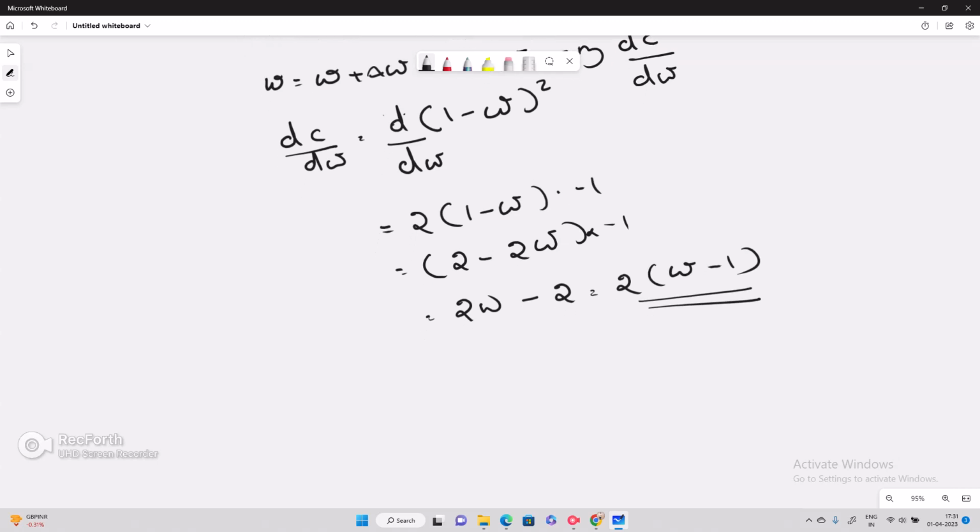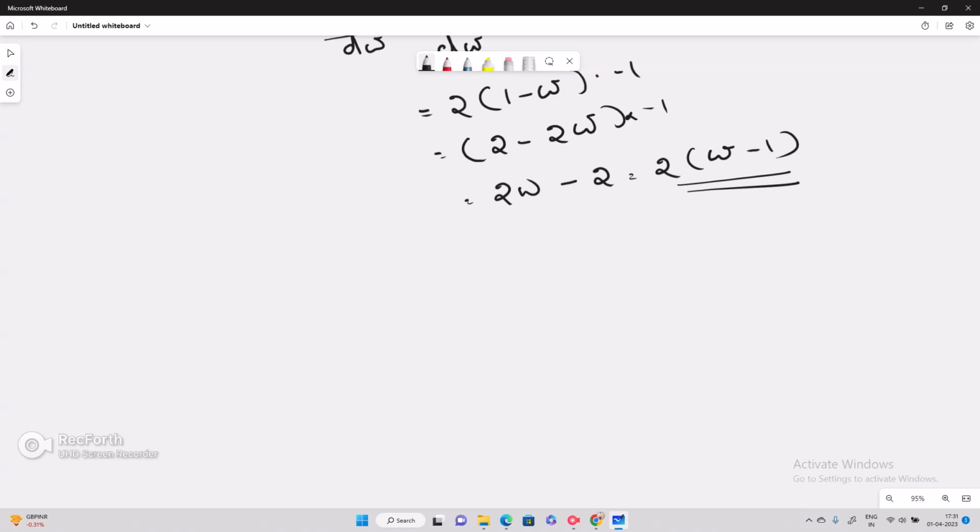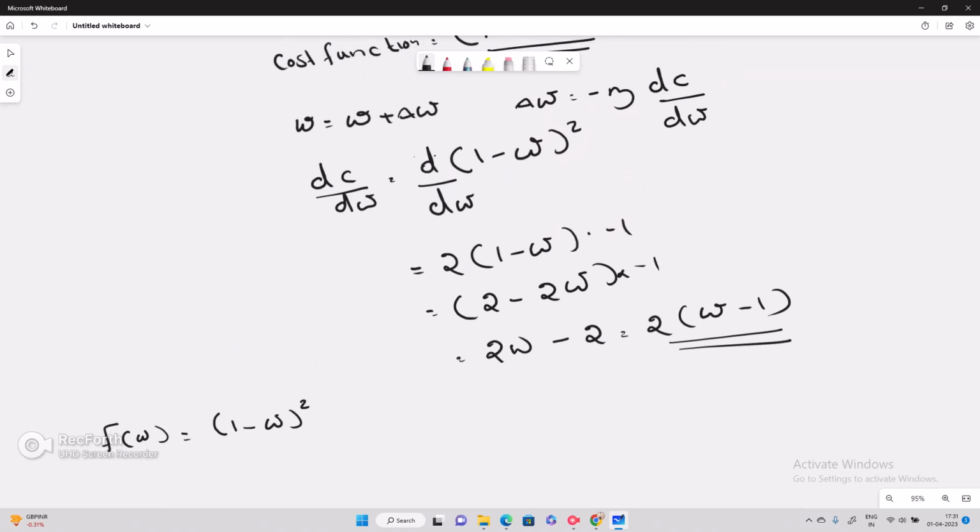Now what we can do is take our first function, f of W, which is equal to 1 minus W all squared. Here we can try to give some sample points. Consider W is equal to 1.